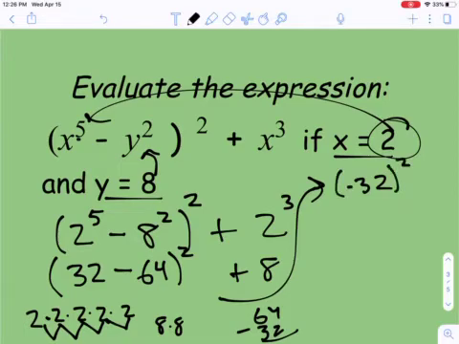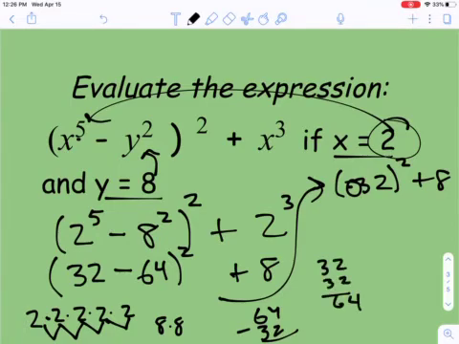We're going to put that there, squared, plus 8. Well, negative 32 squared is the same as 32 squared, because when you multiply something by itself twice, that negative sign goes away. So let's figure out what 32 squared is.